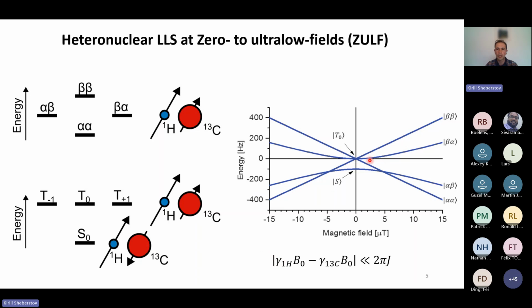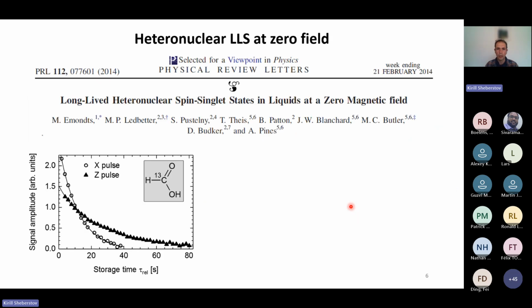And typically this occurs below 1 microtesla for, let's say, a J coupling of approximately 100 Hertz. All right. So this idea was experimentally confirmed by a pioneering paper from the group of Alex Pines and co-workers, where they looked at formic acid labeled with carbon-13 spin, and they detected two relaxation modes, one fast and one slow.